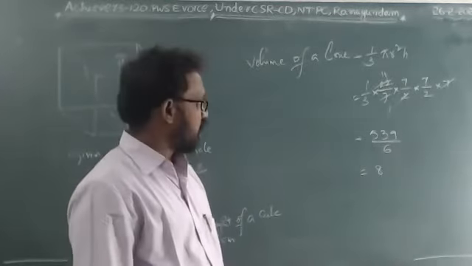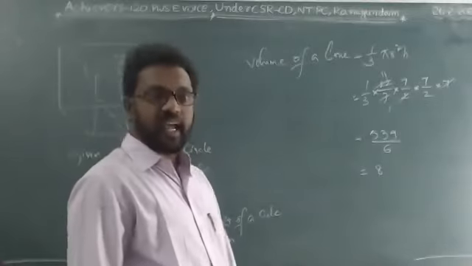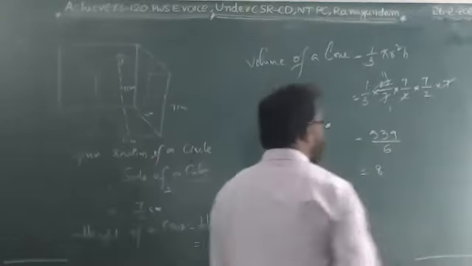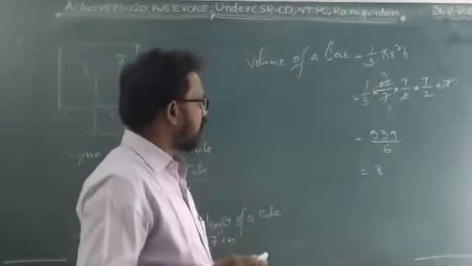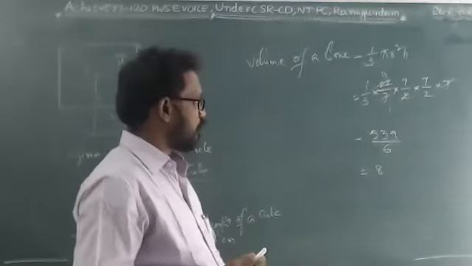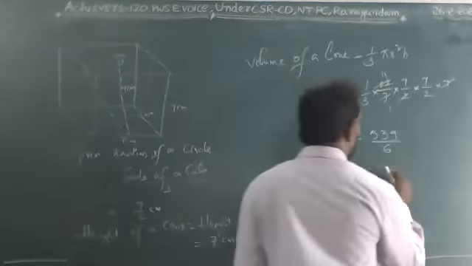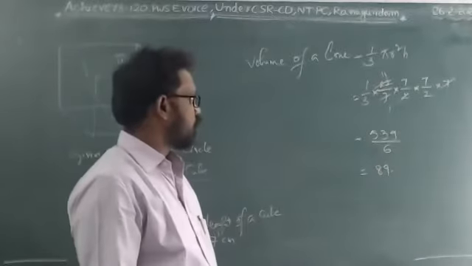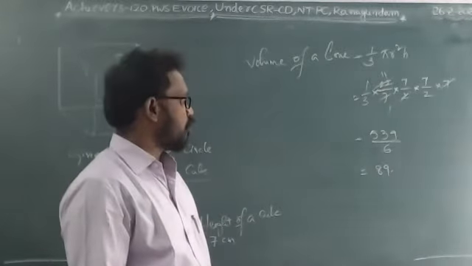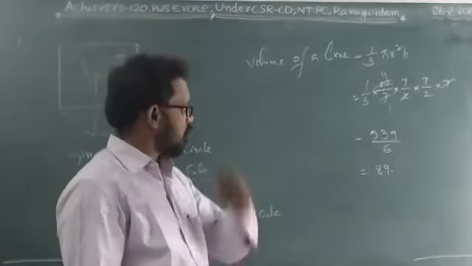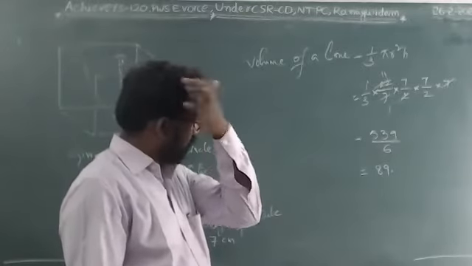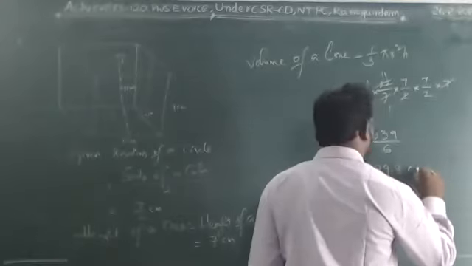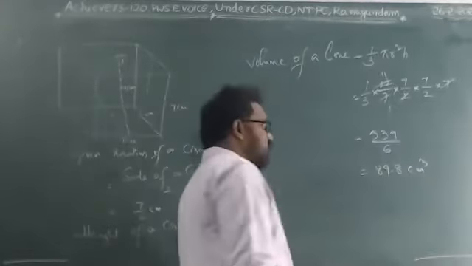So that is nearly 89, 88 point something. 5 left, 59, so 6 9s are 54, 5 left, that is 50. So the volume is approximately this, in centimeter cube.